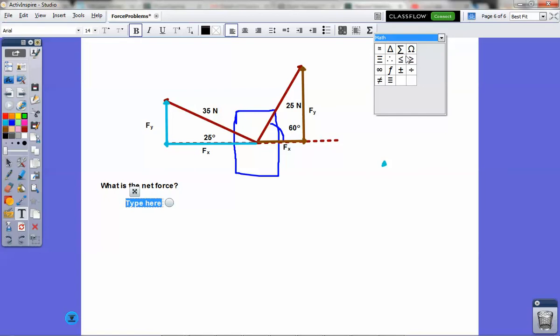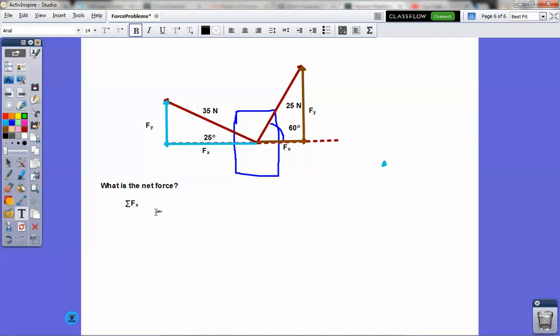This is probably as complex as they would get. The only way to make a problem like this more complex is to add more forces. But if you do that, it's not making it harder, it's just making it more time consuming, right? If you had 5 forces acting on a point and then had to find the components of all 5 of those forces, it's no different for each force.